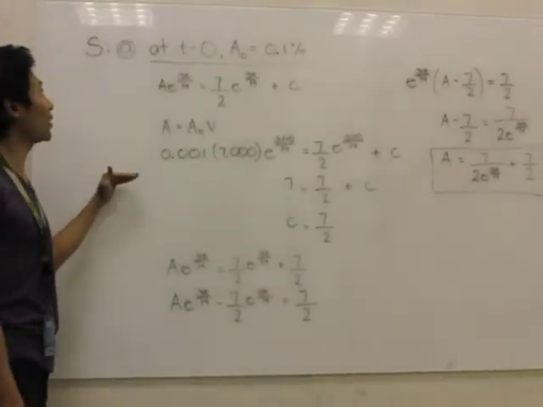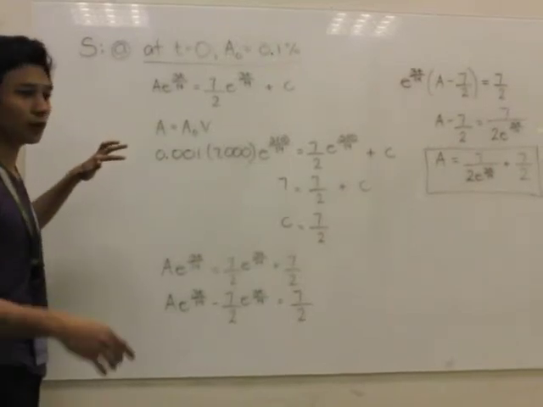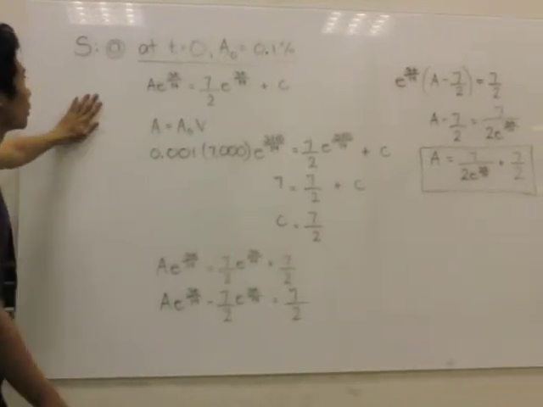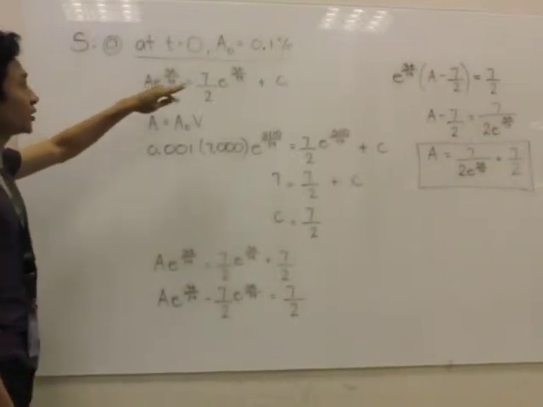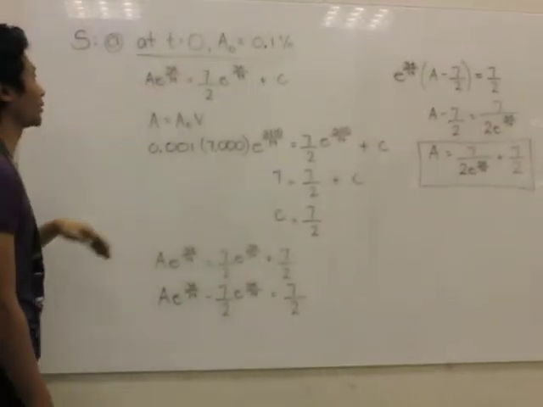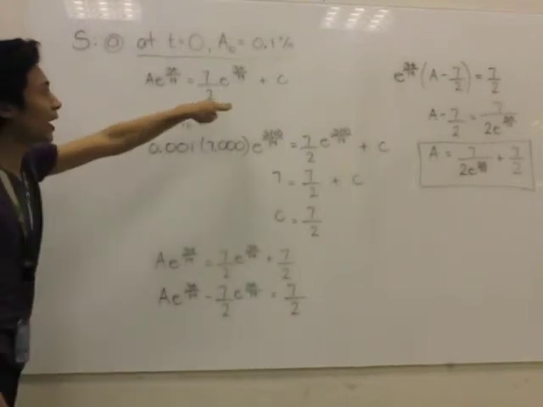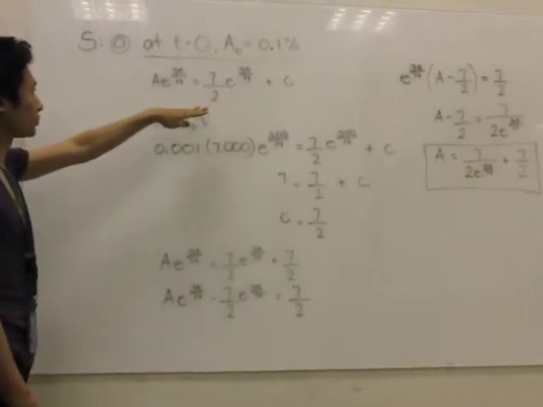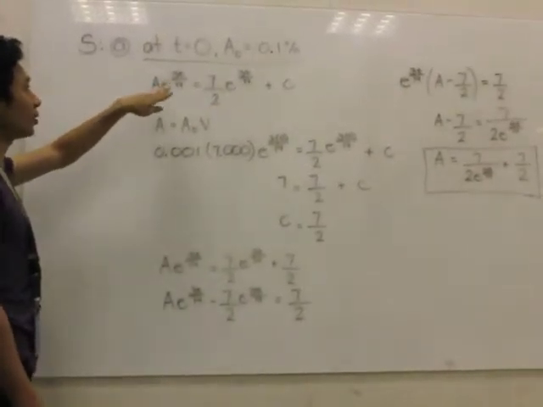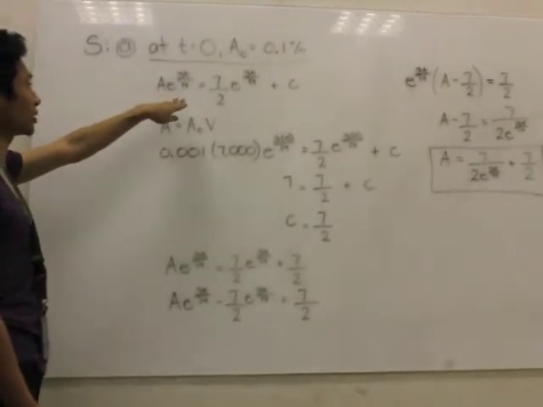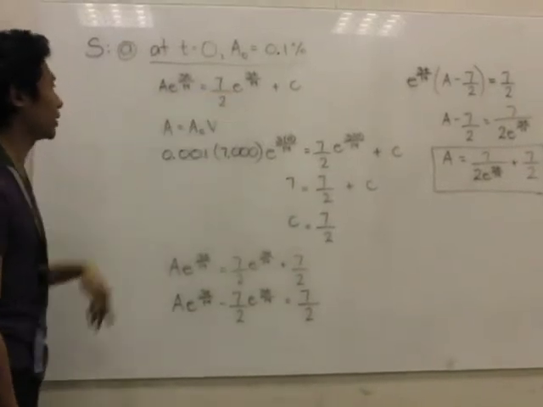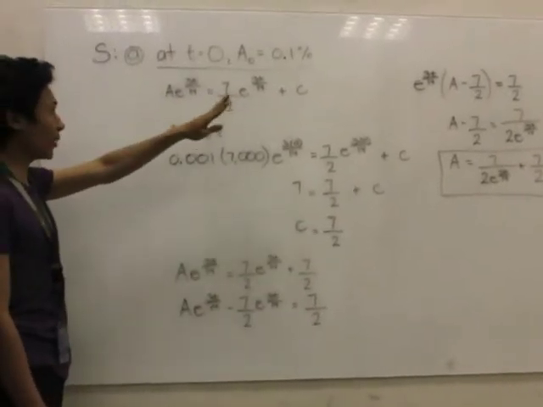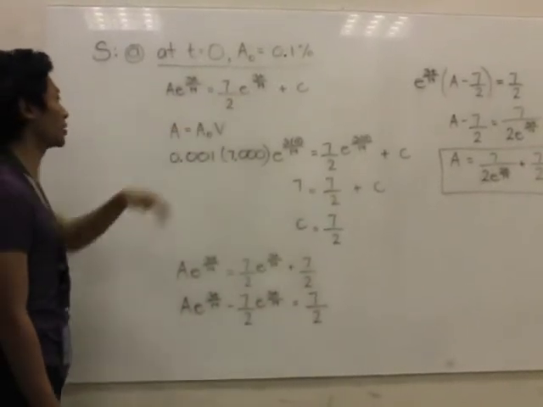This is the continuation of our previous solution. So at t equals 0, A naught is equal to 0.1%. This is the equation that we had earlier. A e raised to 3t over 14 equals 7 over 2 e raised to 3t over 14 plus c. Now we will have to find c, which is the constant.